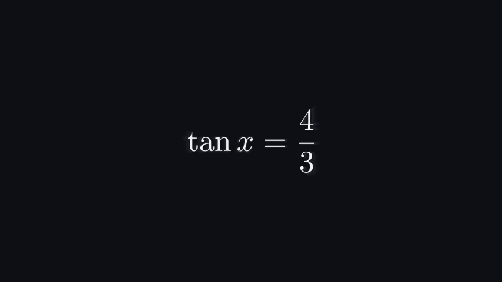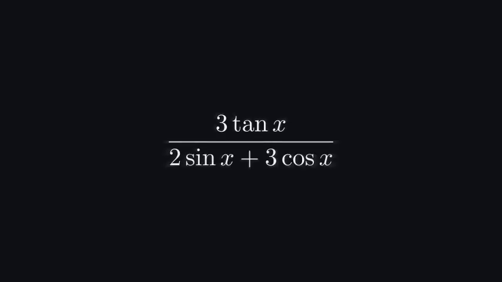We have cosine of x equals 3 over 5, sine of x equals 4 over 5, and tan of x equals 4 over 3. Now we substitute these values into the expression. The expression is 3 tan of x over 2 sine of x plus 3 cosine of x. We replace tan of x with 4 over 3, sine of x with 4 over 5, and cosine of x with 3 over 5.